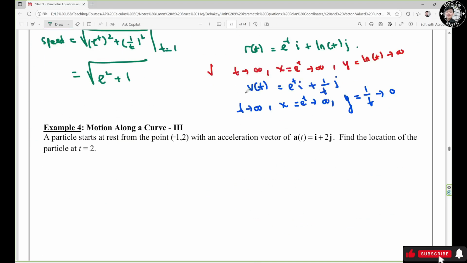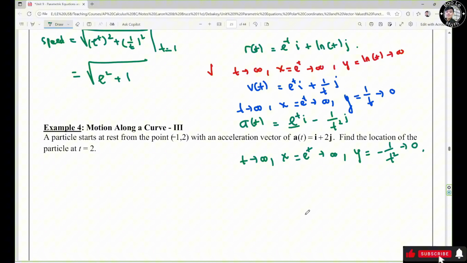So a of t is e to the t i minus 1 over t squared j. When t approaches infinity, x equals e to the t, which is this guy right here, approaches infinity, and y equals negative 1 over t squared right here approaches 0.